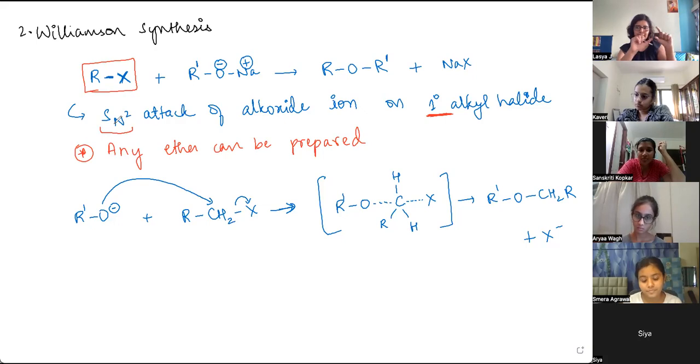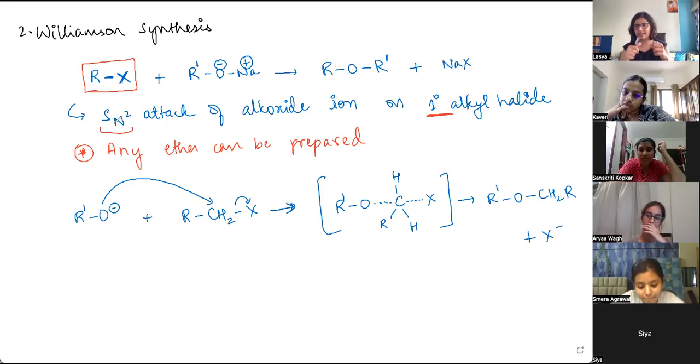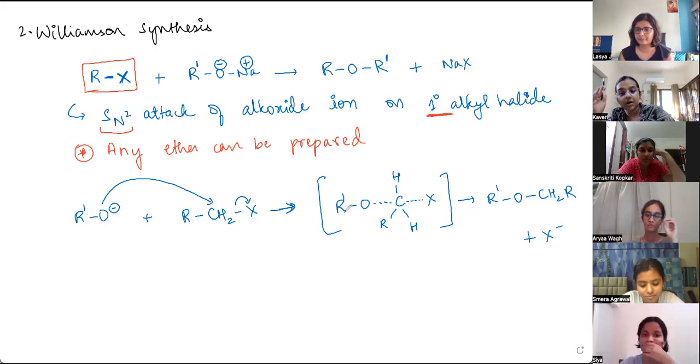So in the nucleophilic attack step, that's the SN2, in the same step the water leaving is also happening, and the other alcohol being attached is also happening. How is this different from the protonation, deprotonation thing that we did?